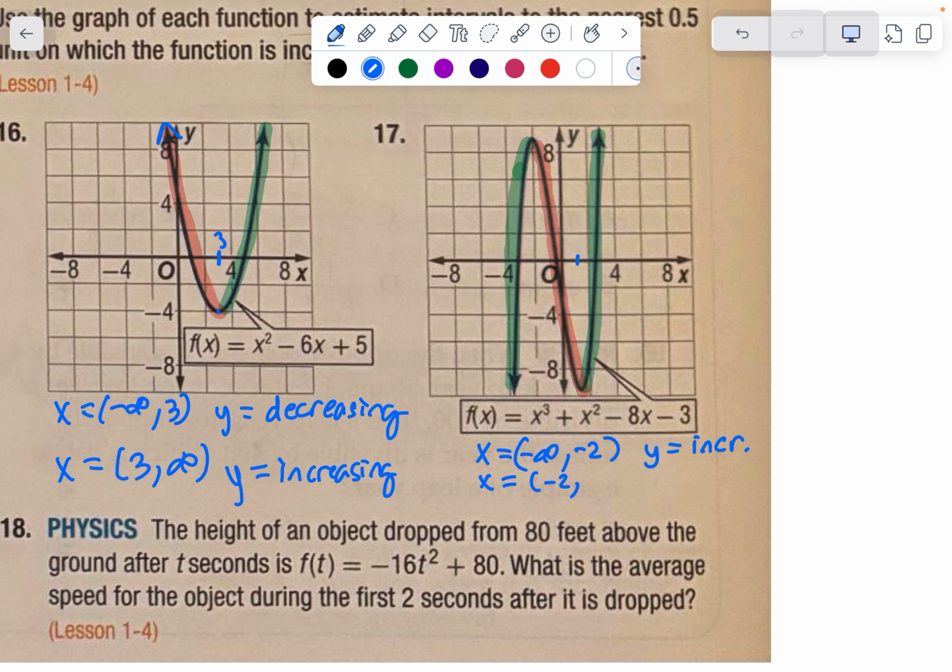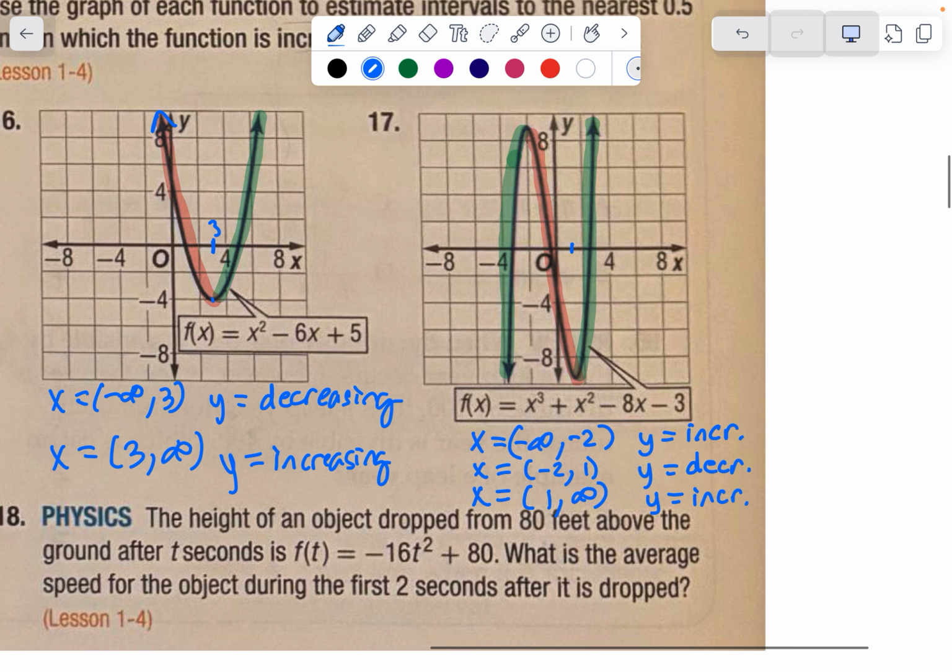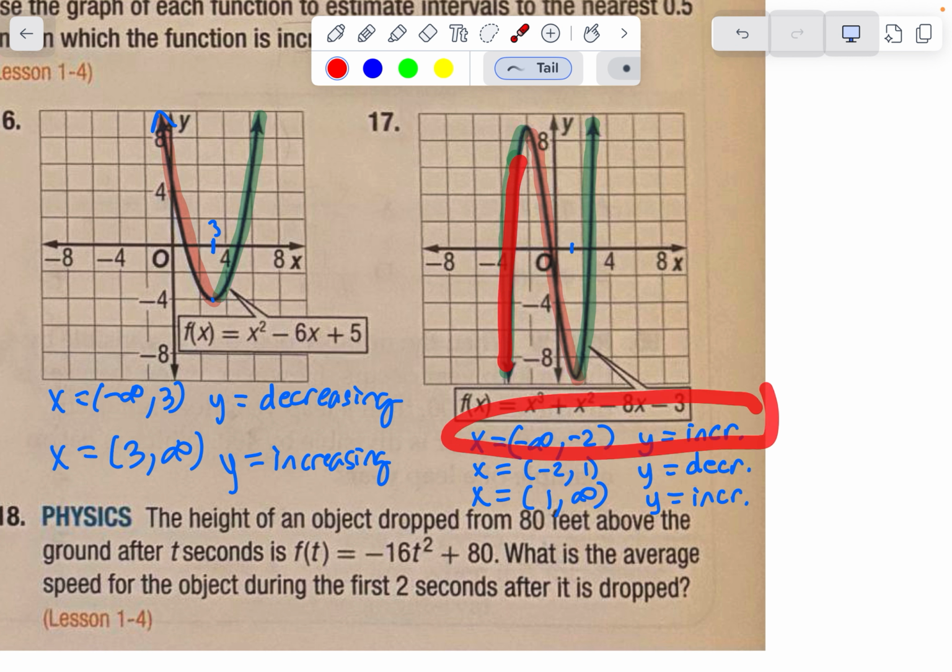And then he's going downhill. And then from 1 to the rest of his little life, he's going uphill again. So see how there's 3 distinct sections of the graph. That my bug is going uphill here, downhill, and then uphill again.